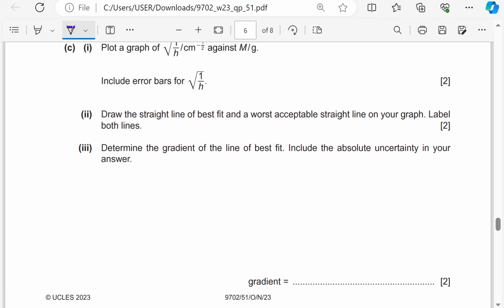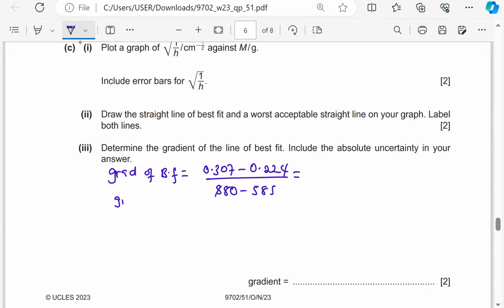So you tell the examiner that the gradient of the best fit equals 0.307 minus 0.224 divided by 880 minus 585.